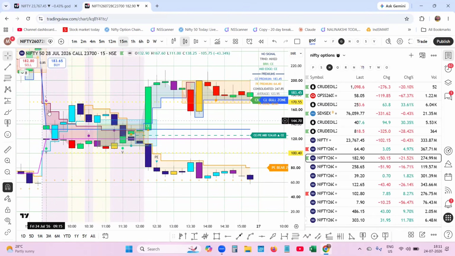It opened here and made a high. There is no confusion. See, both of them converged with each other and the put started dominating till the first hour. And notice the candles also, friends.